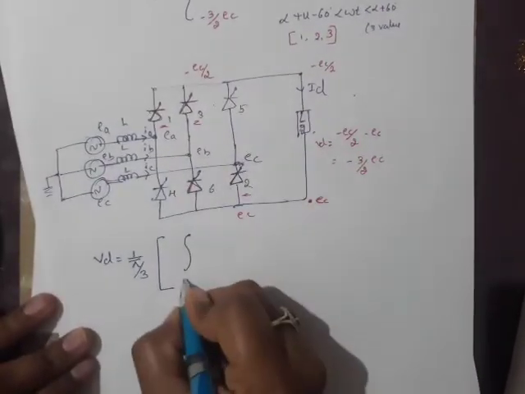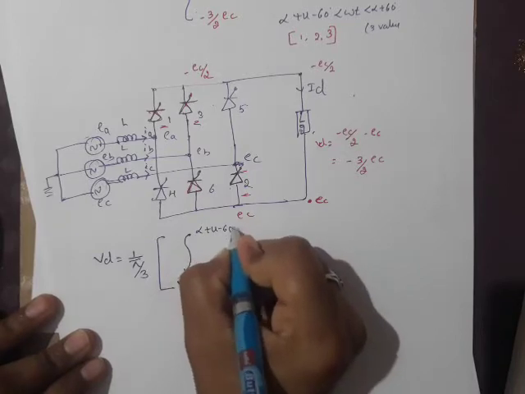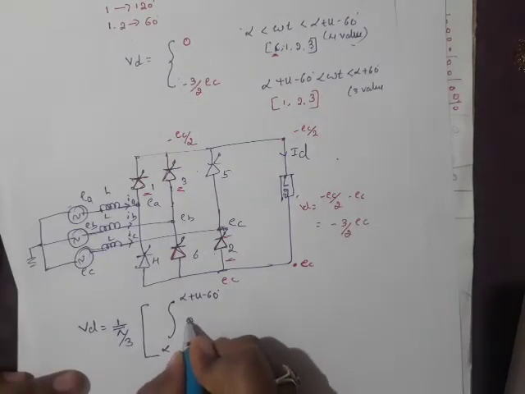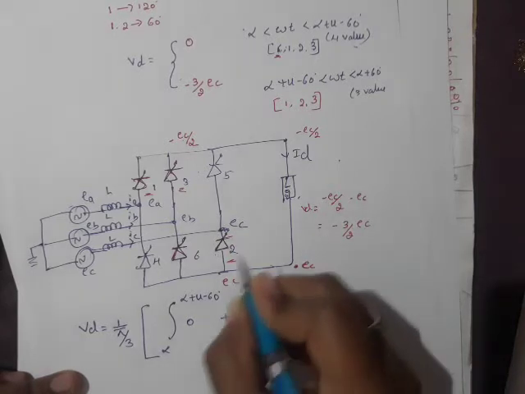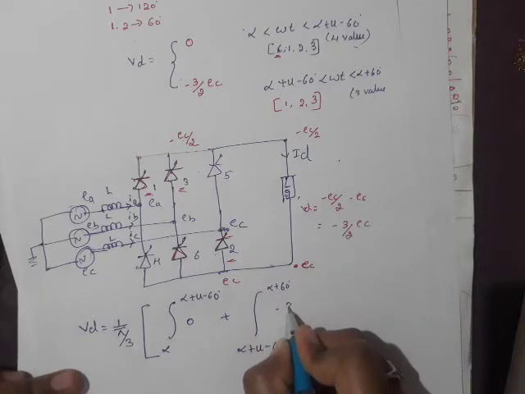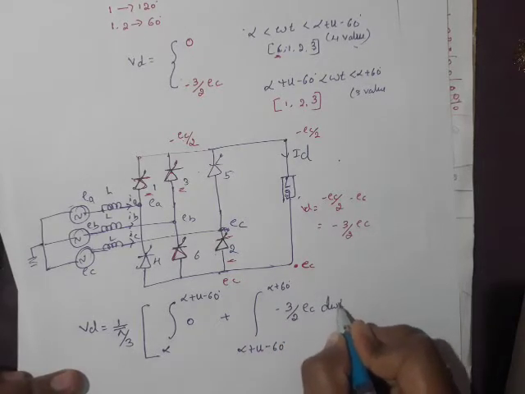One is from alpha to alpha plus u minus 60 degree. What is the output voltage? Output voltage is 0. Plus we have one more integration, from alpha plus u minus 60 degree to alpha plus 60 degree. What is the output voltage we are getting? Minus 3 by 2 times EC with respect to d omega t.